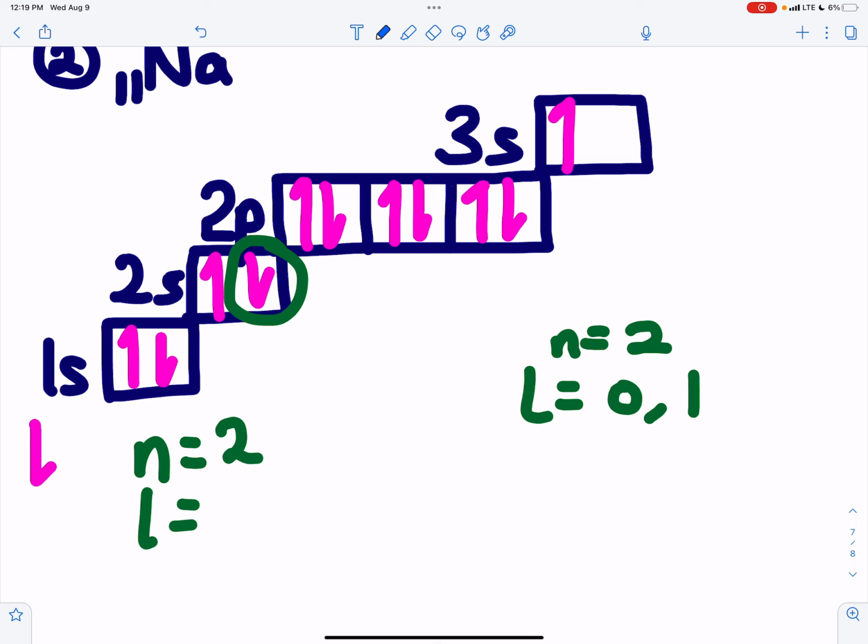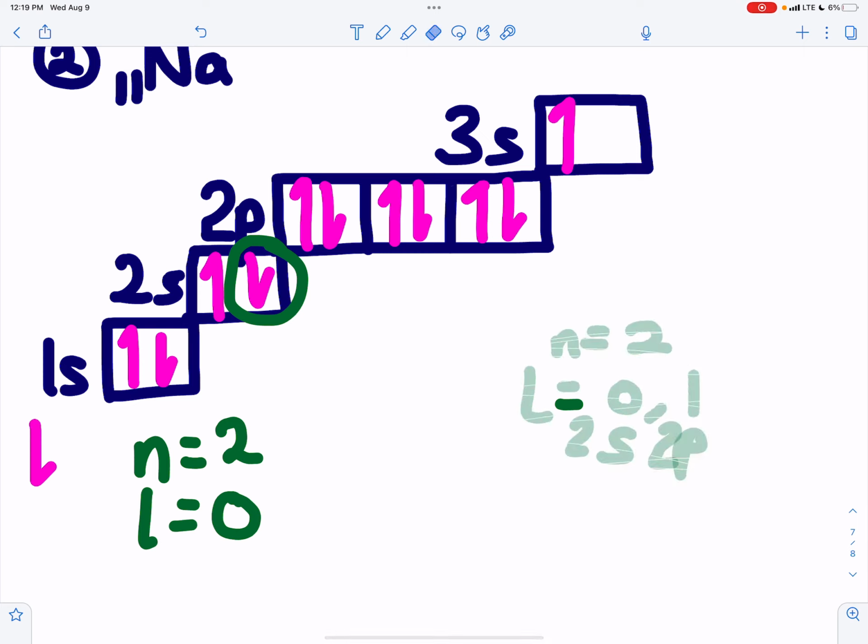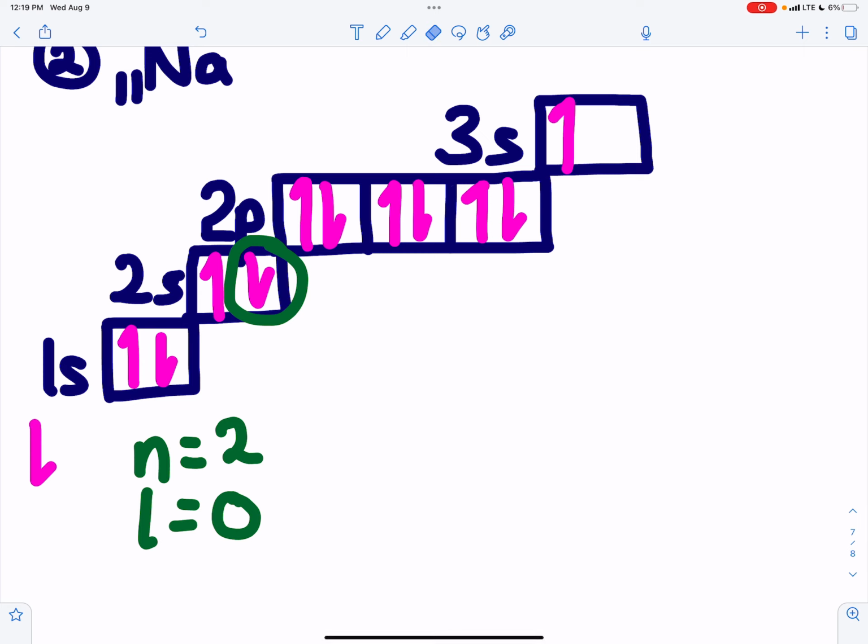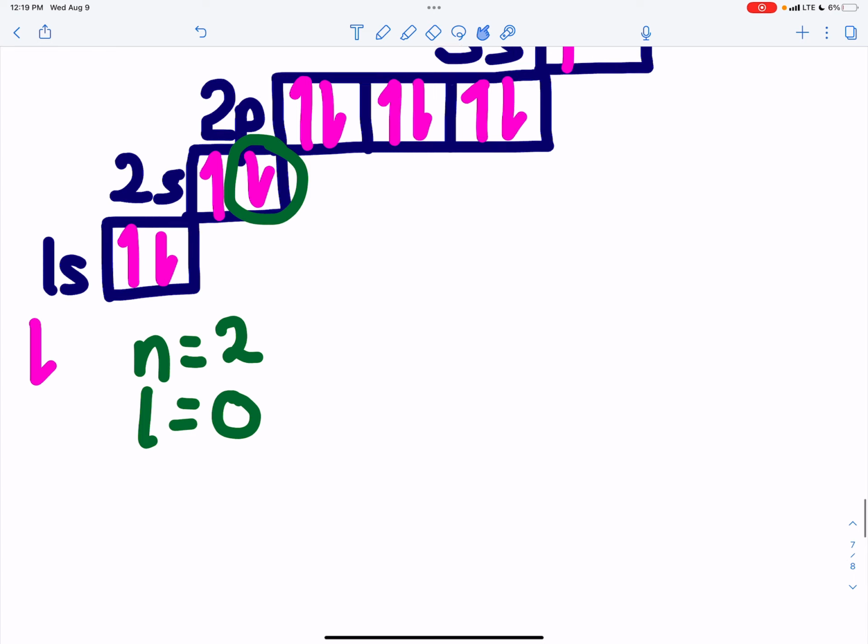But the electron we have marked is in the s subshell. So its subsidiary quantum number will be 0. This one for the 2s, this one for the 2p. Since our electron is located in the s subshell of the second shell, its subsidiary quantum number is 0.